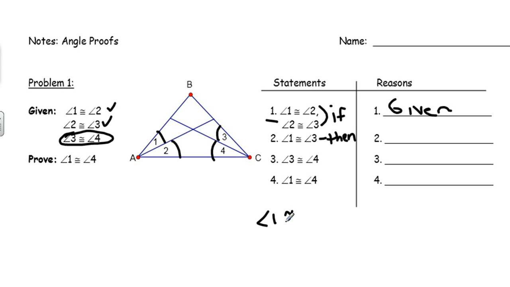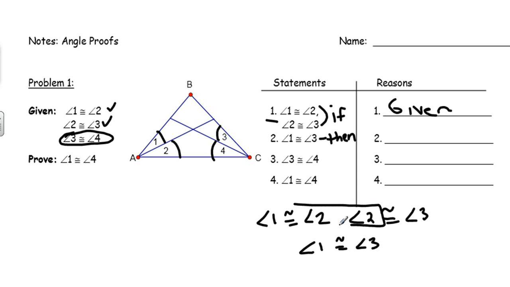If angle 1 is congruent to angle 2 and angle 2 is congruent to angle 3, why is it that angle 1 is congruent to angle 3? How did I reach this conclusion? Well, look what we have here. 1 stayed the same, 3 stayed the same. Our middle terms dropped out. It looks like law of syllogism, but we call it the transitive property. And now that instead of transitive property of equality, we're dealing with congruency symbols, this becomes the transitive property of congruency.